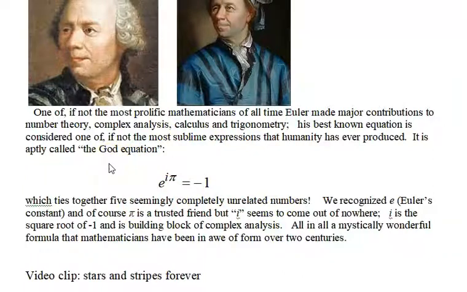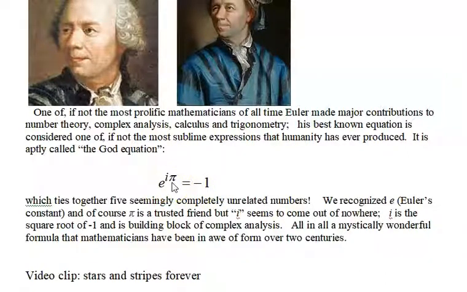It's called the God equation, and it links 1, 2, 3, 4, 5 entities which seemingly have absolutely no relationship to one another. Minus sign we learn in elementary school. 1 we probably learn in kindergarten. e is the ubiquitous Euler constant.